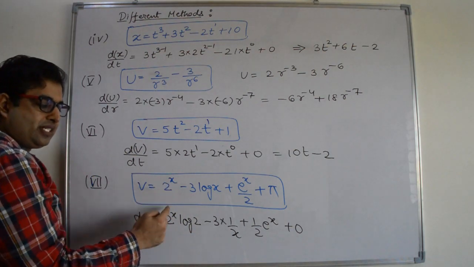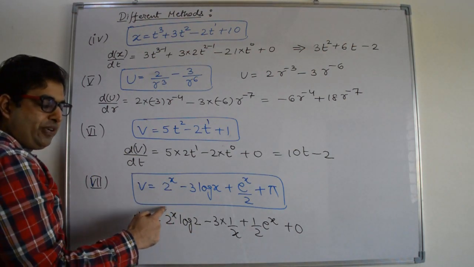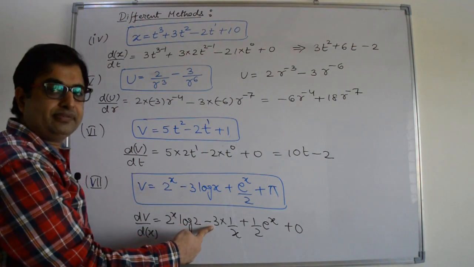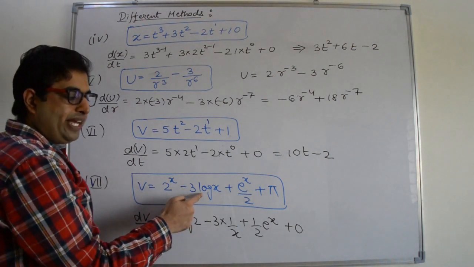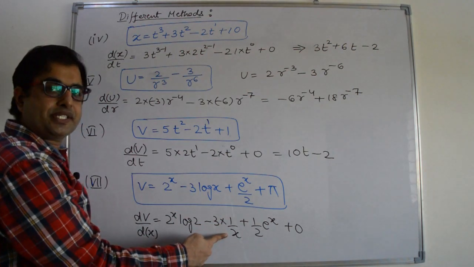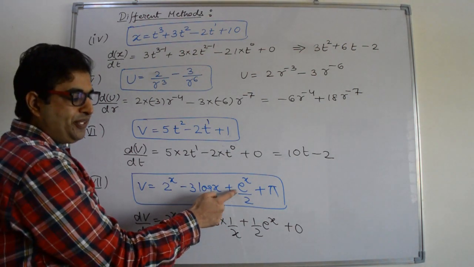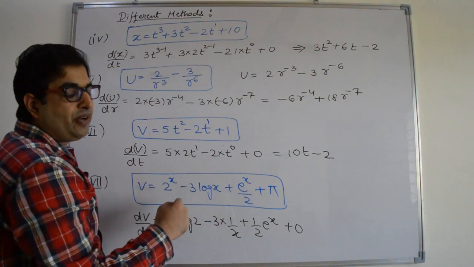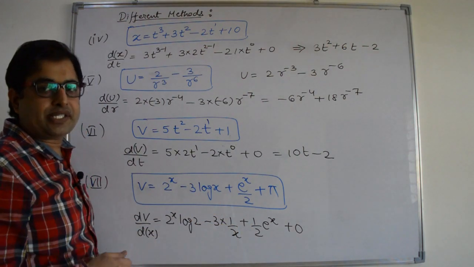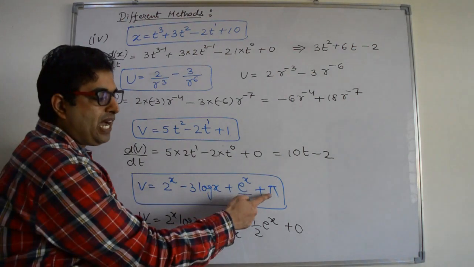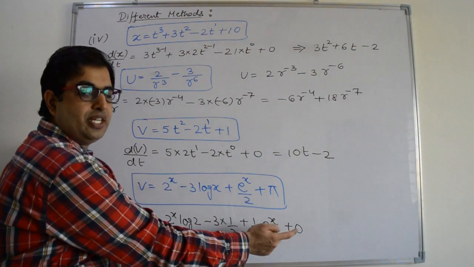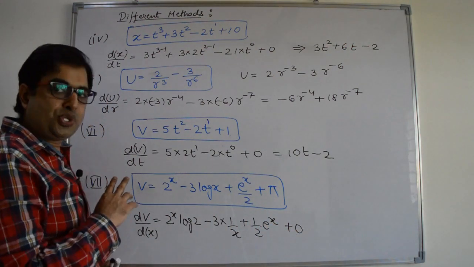So 2 power x, differentiation is 2 power x log 2. Minus 3 will remain in multiplication. Log x, differentiation is 1 by x. 1 by 2 is in multiplication, it will remain in multiplication. E power x, differentiation is e power x. And pi is a constant, 3.14, so its differentiation is 0. Understood?